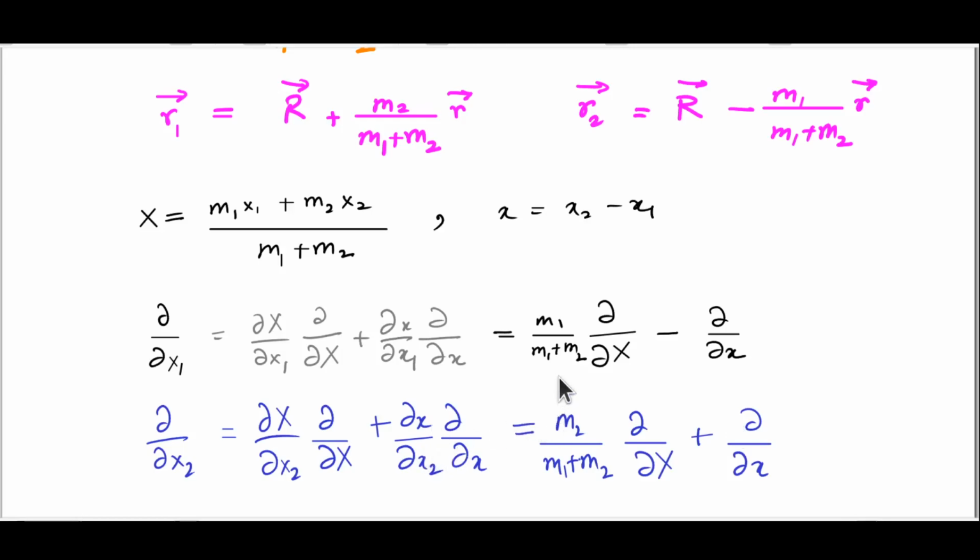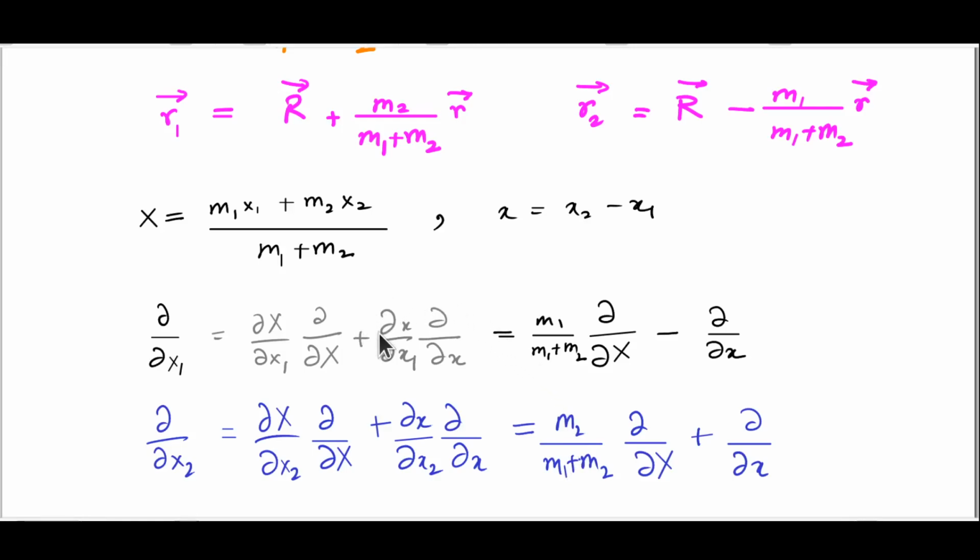Del small x2 will turn out to be almost identical to this expression, except that you get a plus sign here instead of a minus sign. That's obvious. You had x2 minus x1 for small x. So one derivative is negative, which is showing up here. The other derivative, of course, is plus 1. And here, the coefficient in front of del capital X is m2 by m1 plus m2. So that's what you have for the first derivatives.